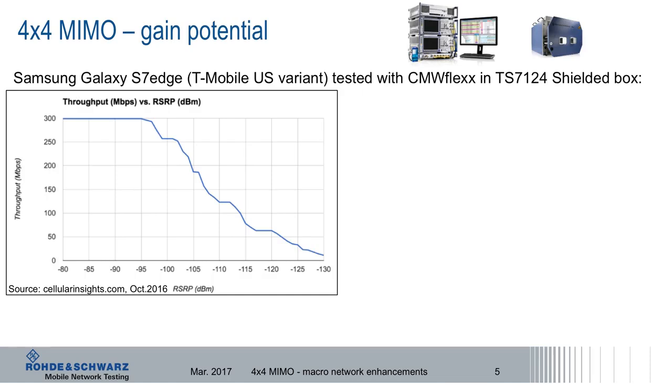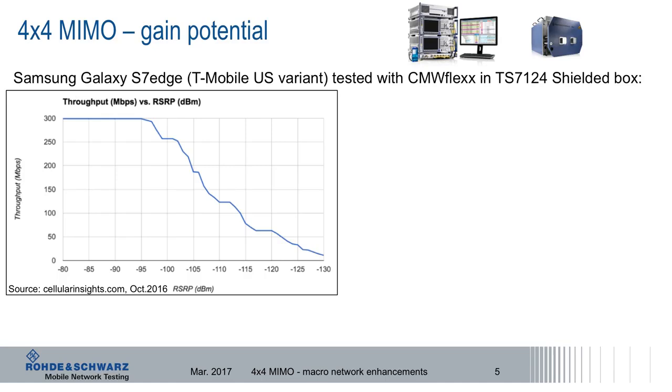And this is a curve for the Samsung Galaxy S7 Edge, the T-Mobile US variant. You see the theoretical case of 300 megabit per second data throughput for 4x4 MIMO using a 20 megahertz carrier. So this is the maximum that you can achieve theoretically.